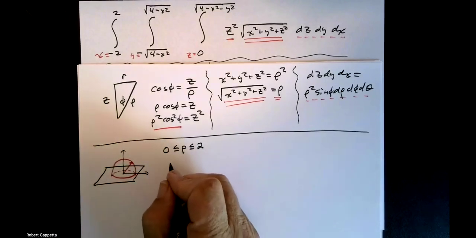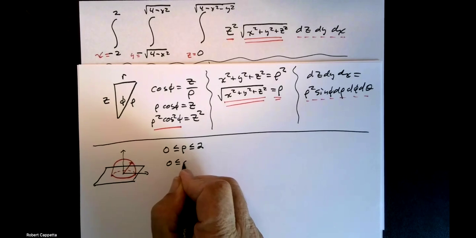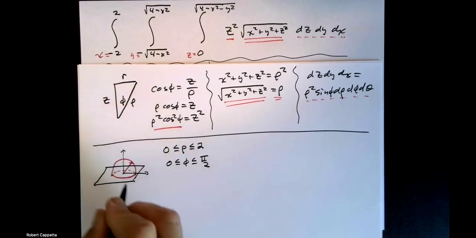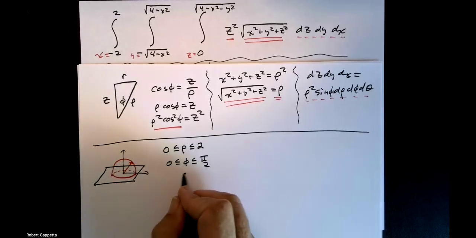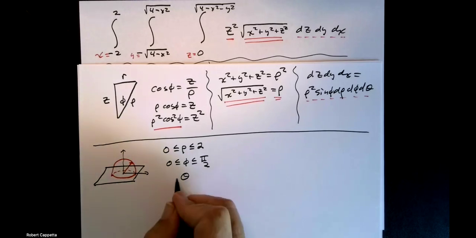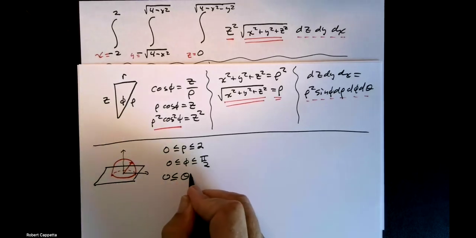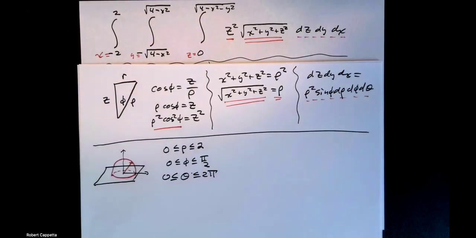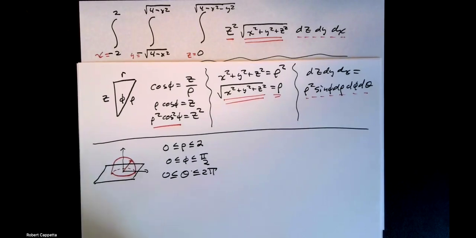Phi goes from 0 to pi over 2. In theta, you'll notice our circle, our region of integration was the full 2 pi for the circle. So theta indeed runs from 0 to 2 pi. So is that enough for me to set up the integral that I need here?